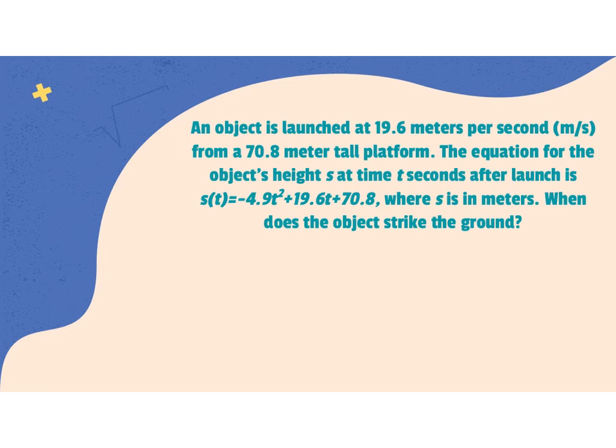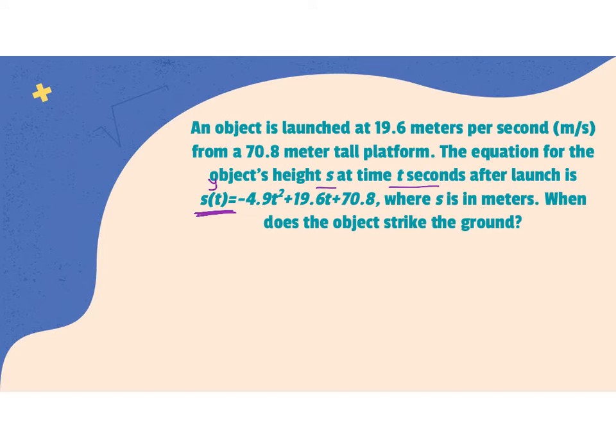Okay, so let's take a look at our next example. It says an object is launched at 19.6 meters per second from a 70.8 meter tall platform. The equation for the object's height, s, at time t seconds after the launch is this. S of t, that's really just function notation for the variables.